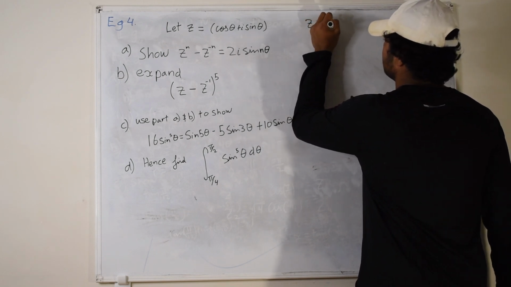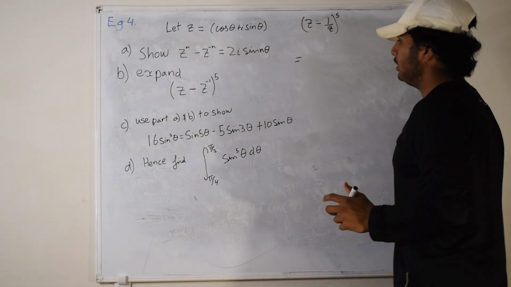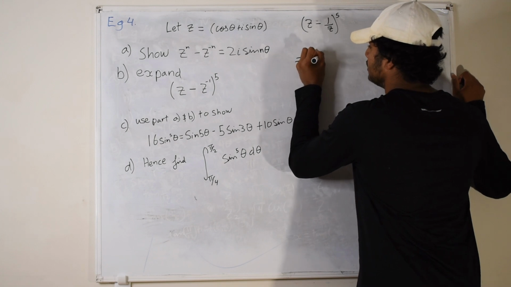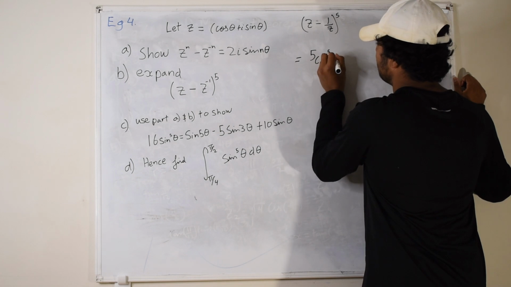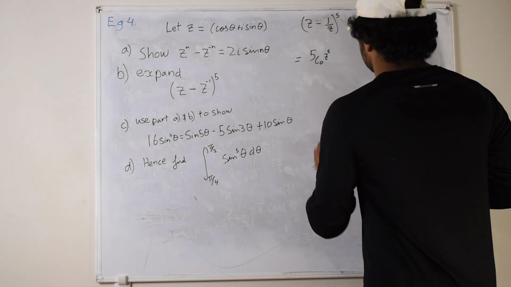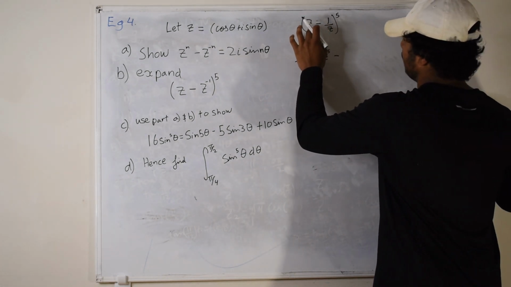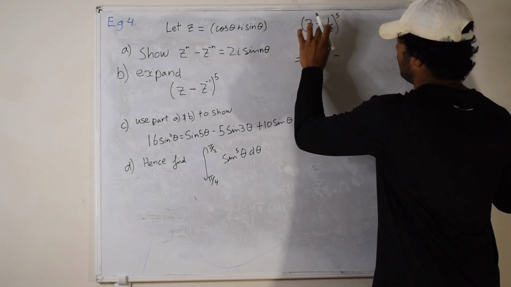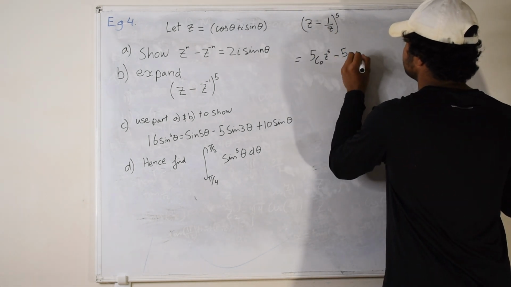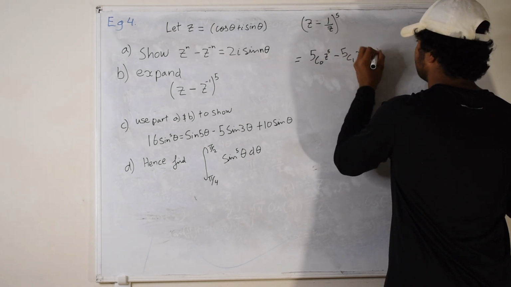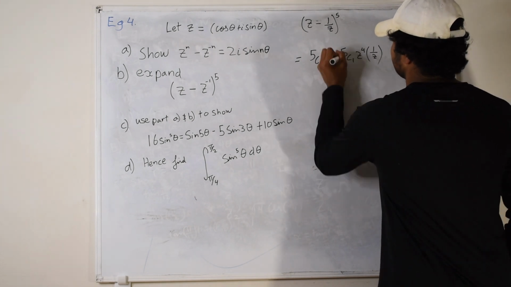So z minus 1 upon z to the power of 5 equals, we'll start with, obviously we've got 5C0 z to the power of 5 minus, don't forget the minus, we've got 5C1, we've got z to the power of 4, and then we've got 1 upon z. Sorry, we put a plus there, my bad.